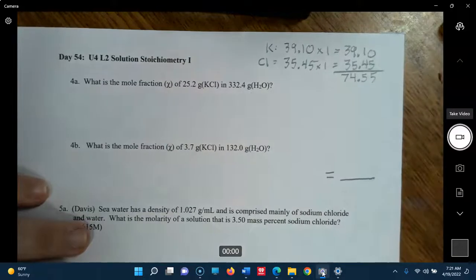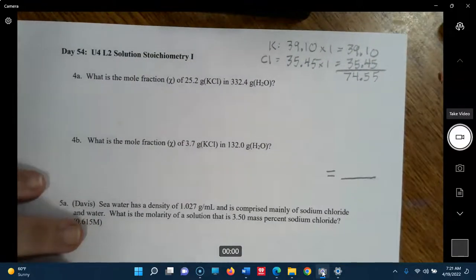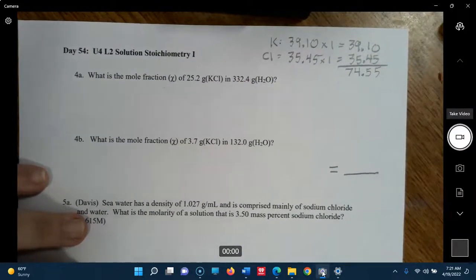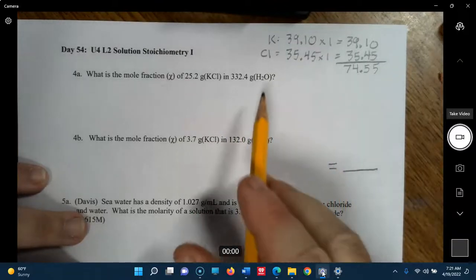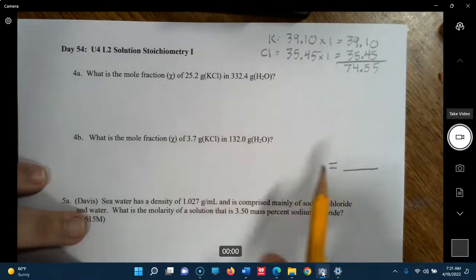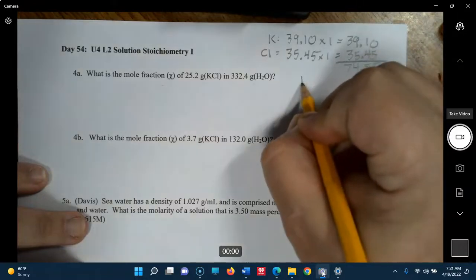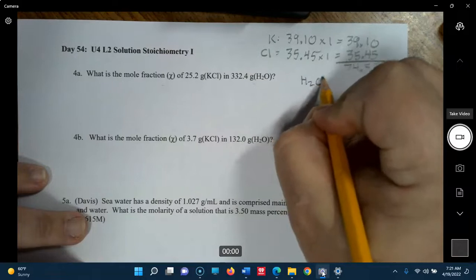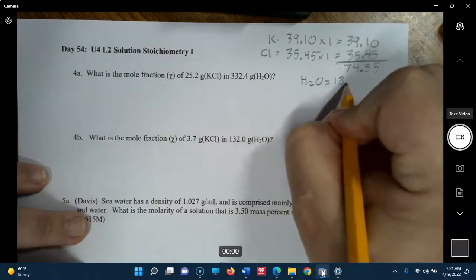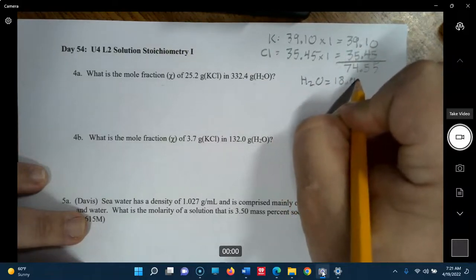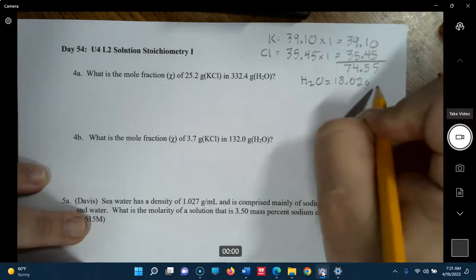So that gives us 74.55 grams per mole for potassium chloride. And water is 18.02. So we know that one already. And that's grams per mole.